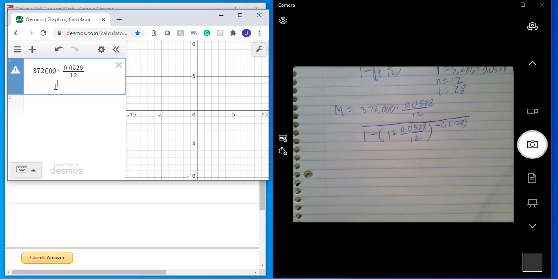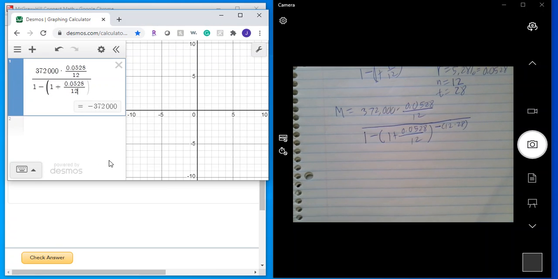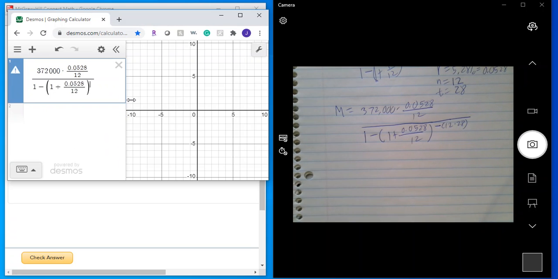Supposed to be 372,000. Okay, now in our denominator, we have 1 minus, parenthesis, 1 plus 0.0528 divided by 12. Then we hit the arrow to go behind, close that parenthesis. Now we have to take this to the power of, we could put a negative symbol, then a parenthesis, 12 times 28, and close that parenthesis.